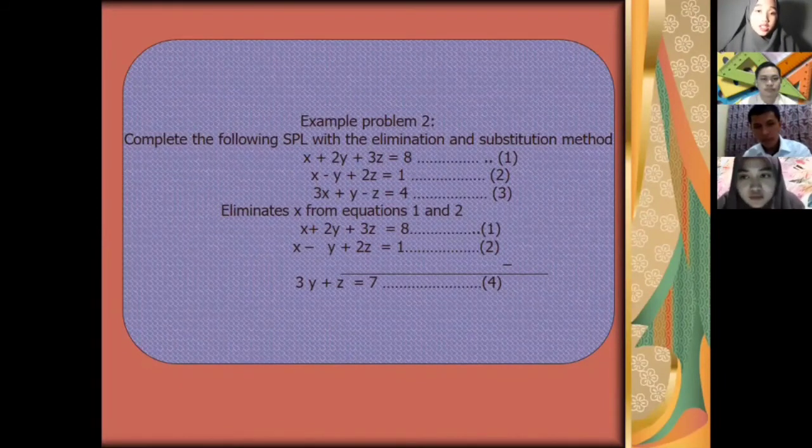And the third equation is 3x plus y minus z equals 4. There we can eliminate x from equations 1 and 2: x plus 2y plus 3z equals 8, minus x minus y plus 2z equals 1. And we get 3y plus z equals 7, the fourth equation.